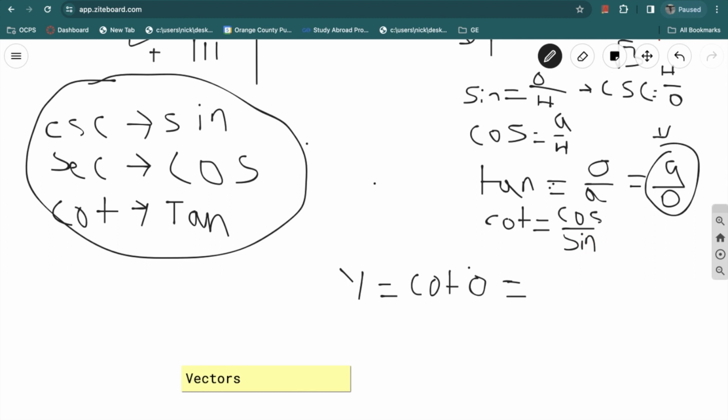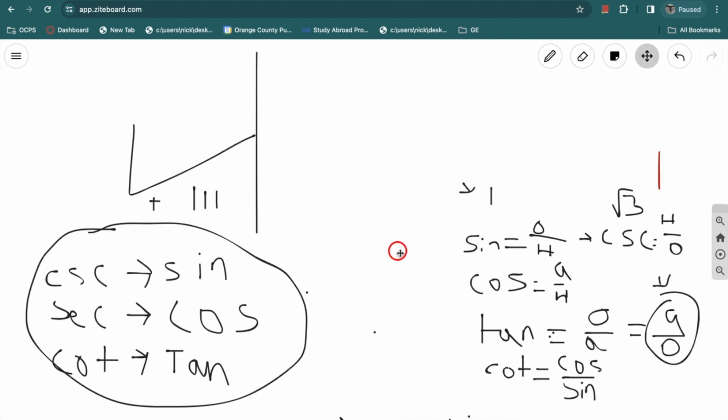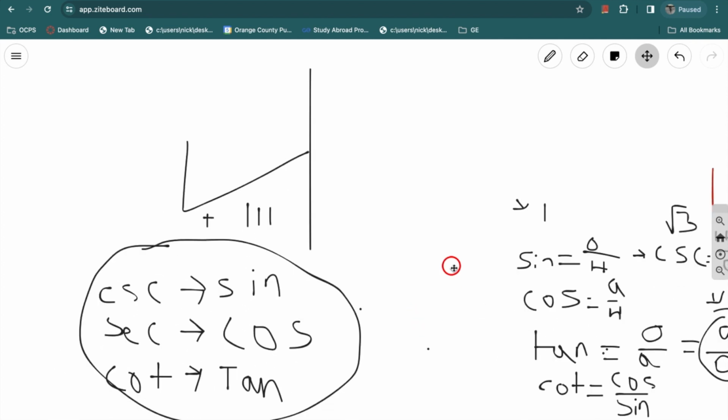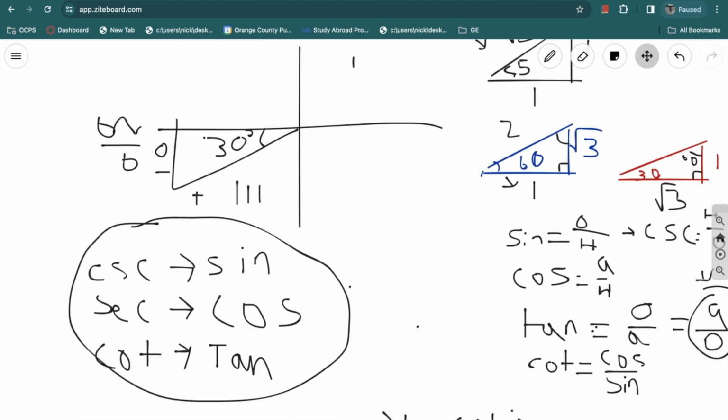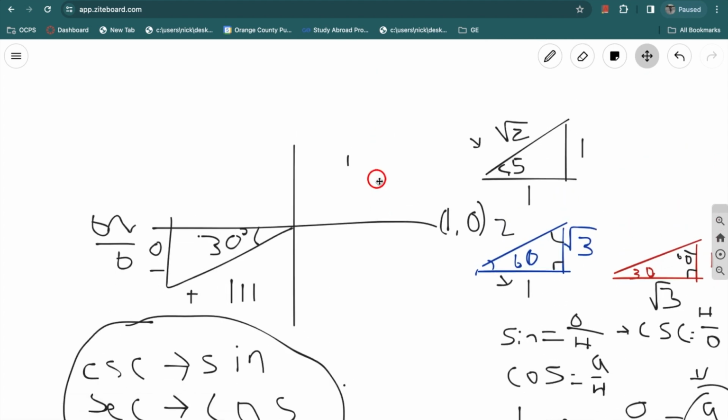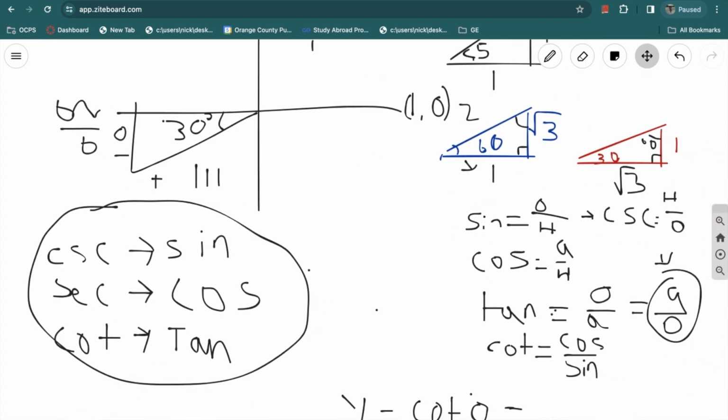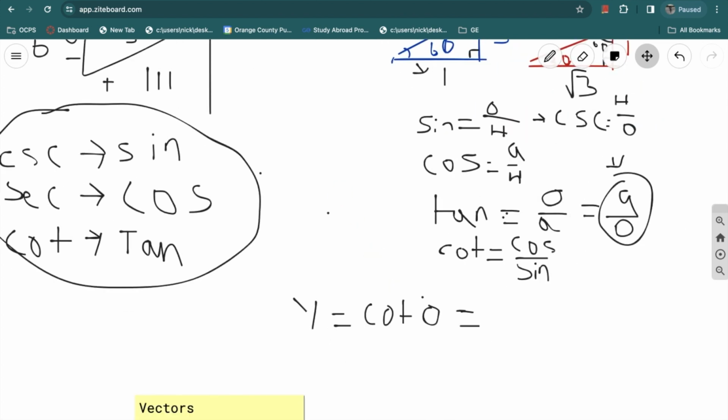So remember what cosine is when it's 0. Let's take a look back here. So cosine, remember this, is 1 for x, 0 for y. And we know that cosine is x, y is sine, so cosine is 1 and sine is 0. So it's going to be 1 over 0.